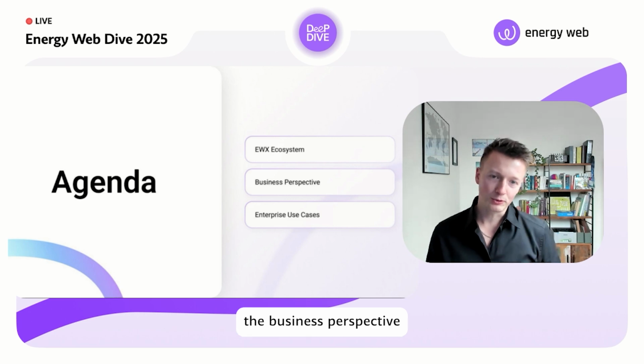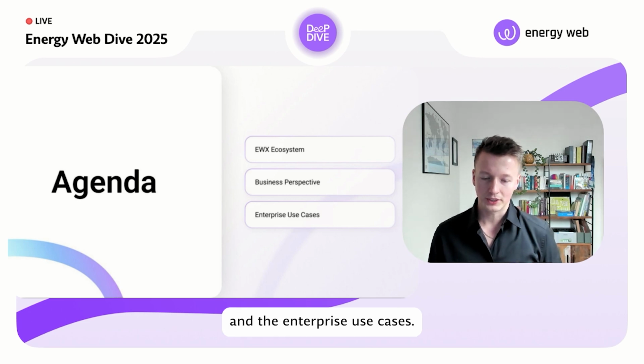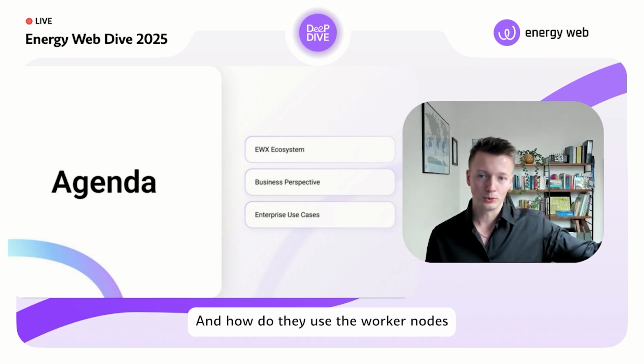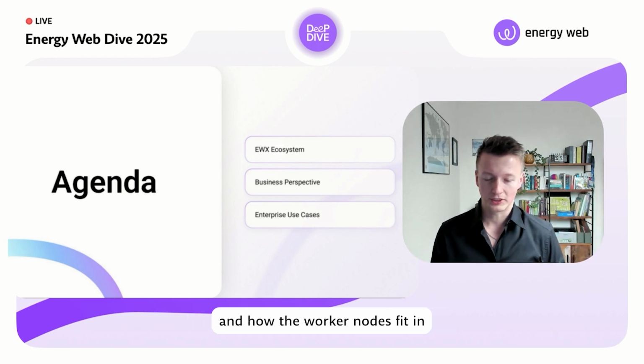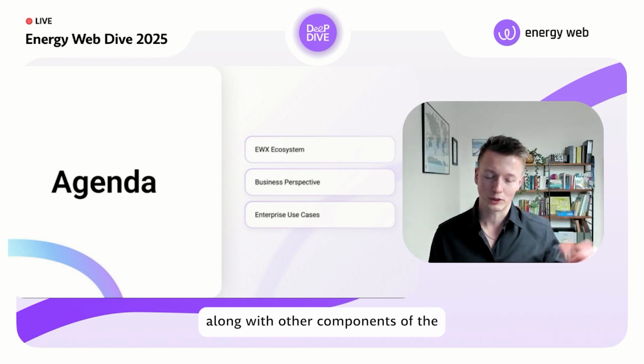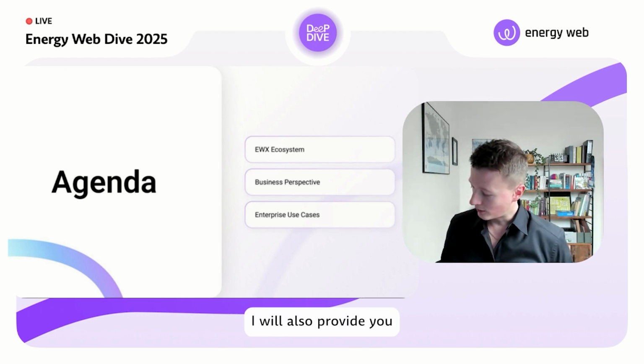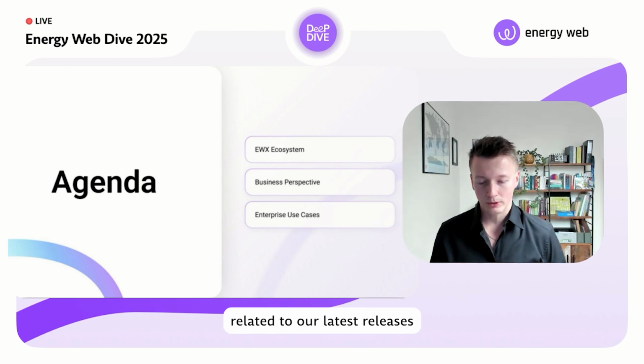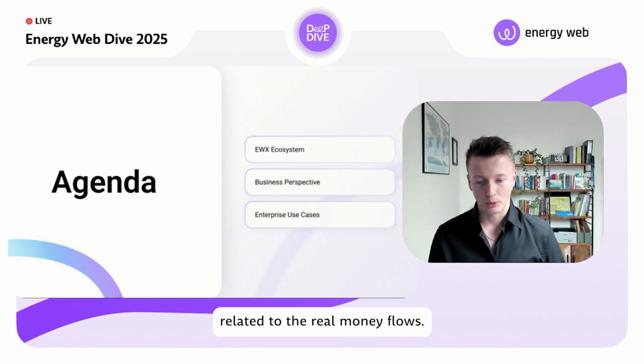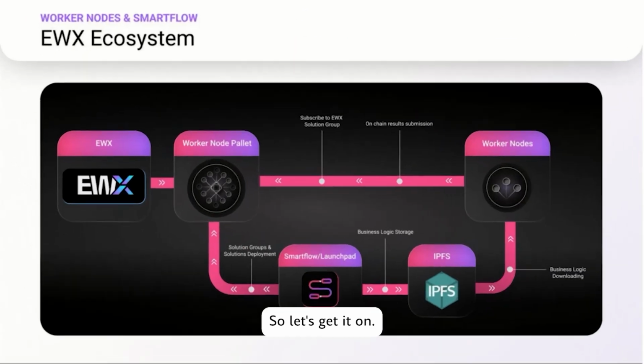Then we'll move to the business perspective and the enterprise use cases, how they use the worker nodes and how the worker nodes fit in there along with other components of the ecosystem. At the end, I will also provide a little bonus related to our latest releases related to real money flows. So let's get on with it.